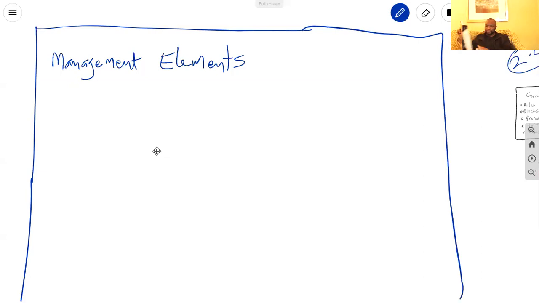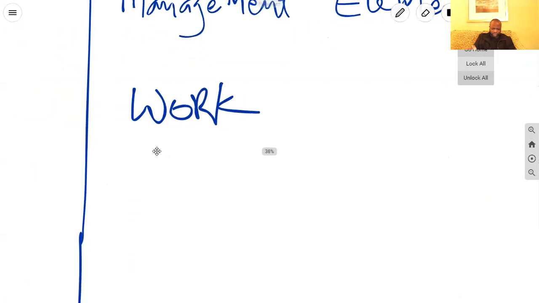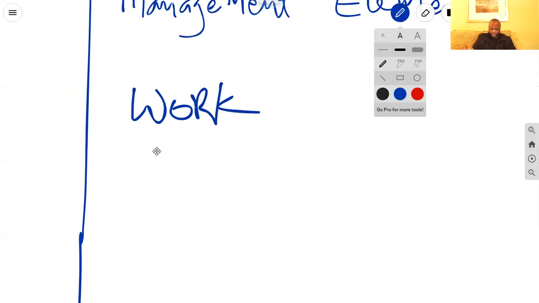Management elements are the components that comprise the key functions, and then it goes into, say, division of work, authority given to perform work, responsibility to perform work. So you want to think about those as the work-oriented buckets. So when you talk about management elements, a lot of it is about structuring and execution of work in the firm.